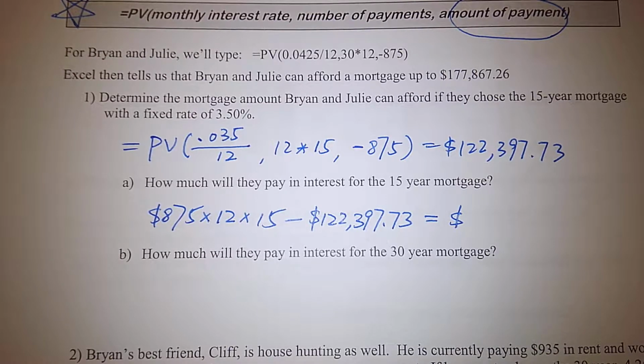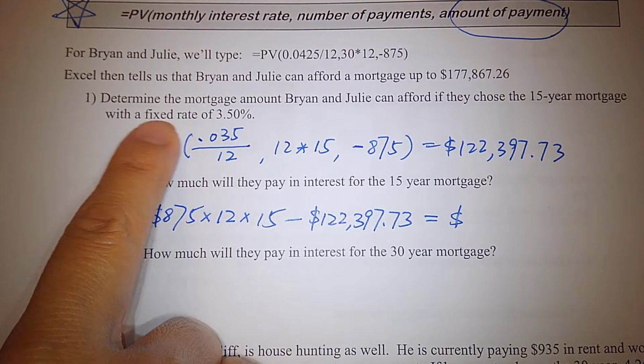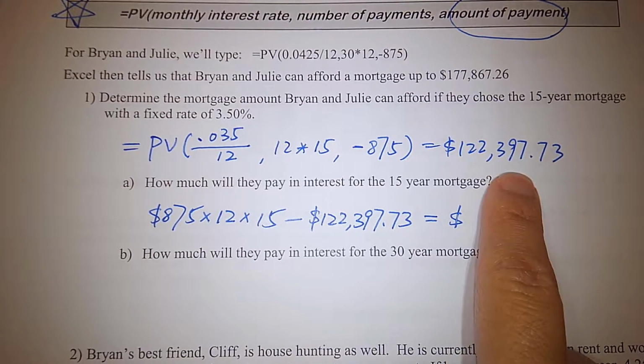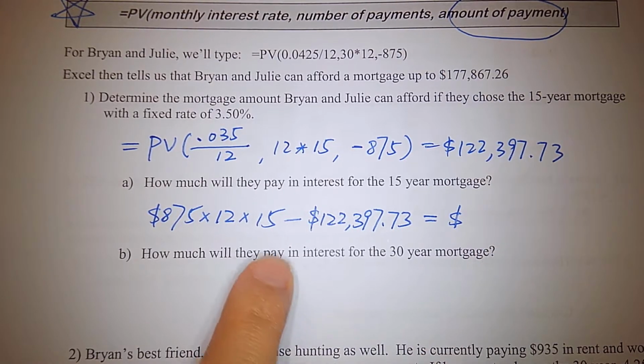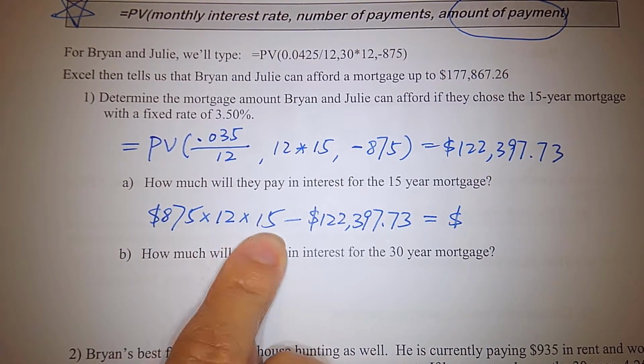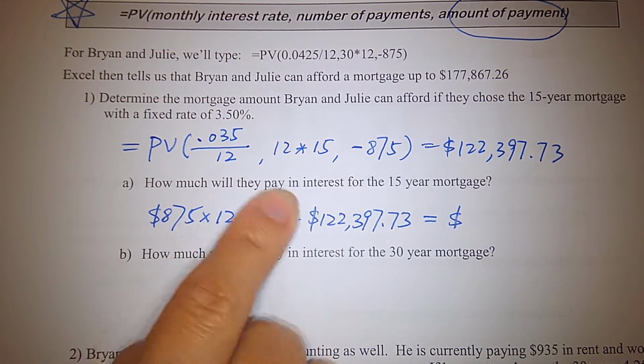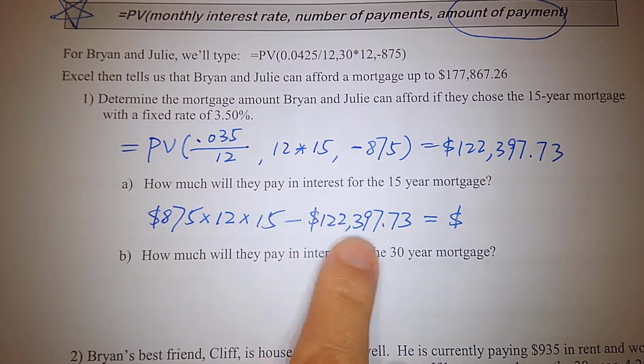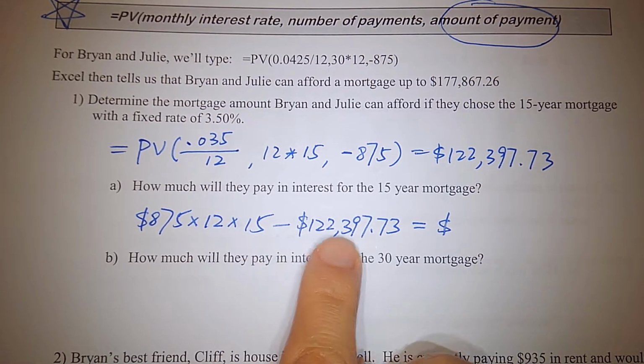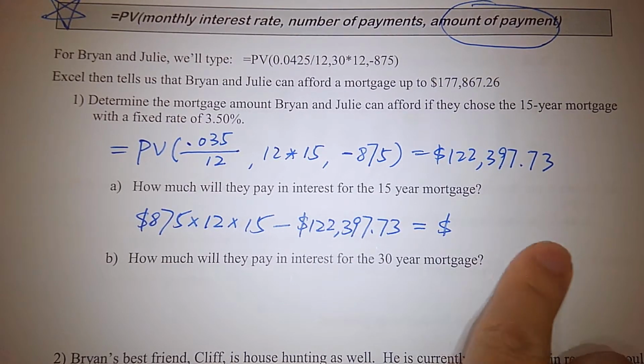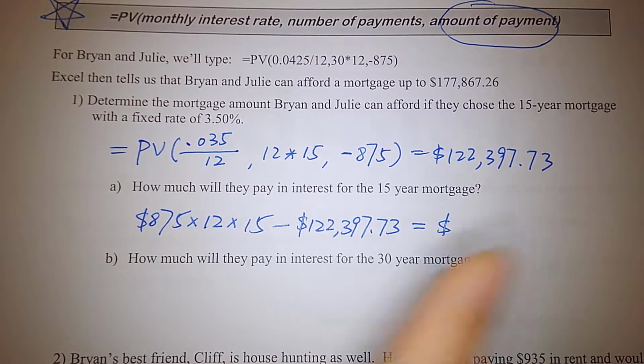Does that make sense, guys? From the Excel PV function, we get the mortgage they borrowed. Then from this calculation, we get in total the payment they pay over 15 years. Total payment minus the money they borrow will be the interest they pay.